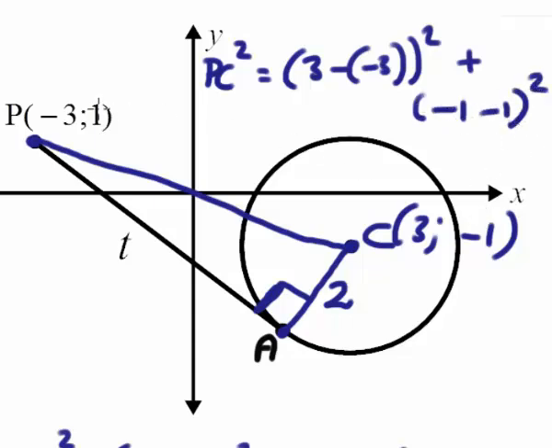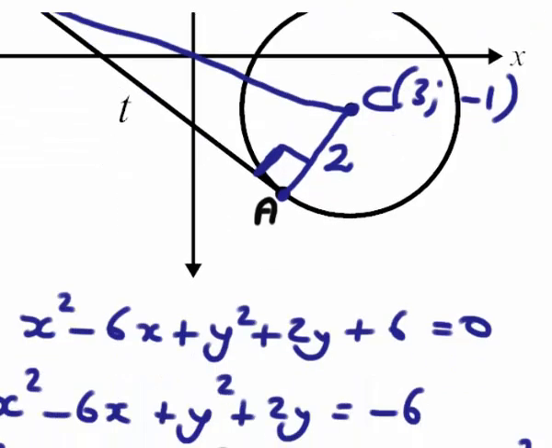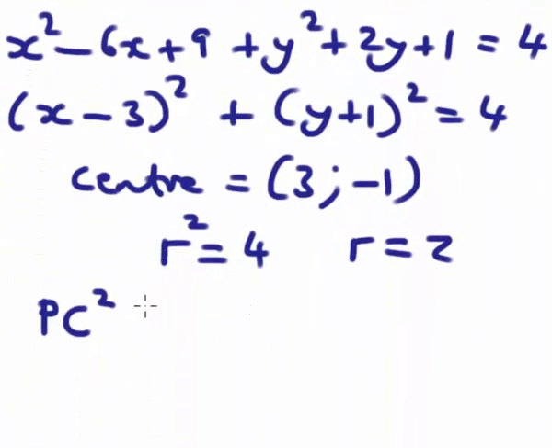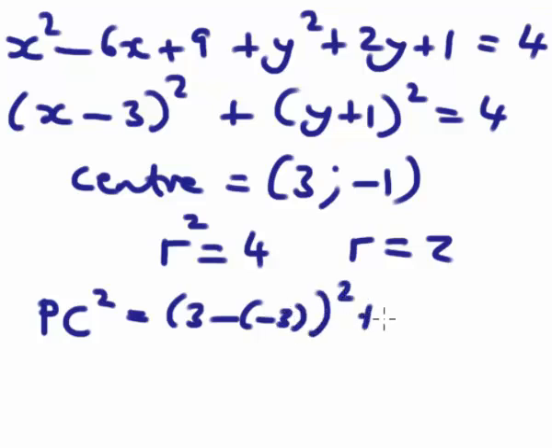The negative 1 minus 1. So it's the difference between the x's squared, 3 minus negative 3 all squared, and then negative 1 minus 1 all squared. So what is that? If we rewrite that at the bottom here, we can see PC squared is going to be the 3 minus the negative 3 squared plus the negative 1 minus the 1 squared.